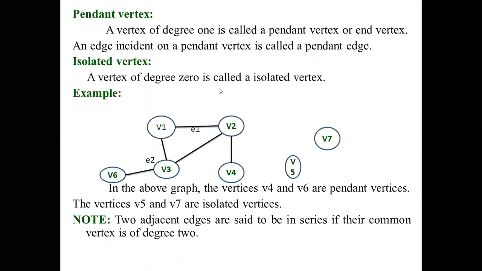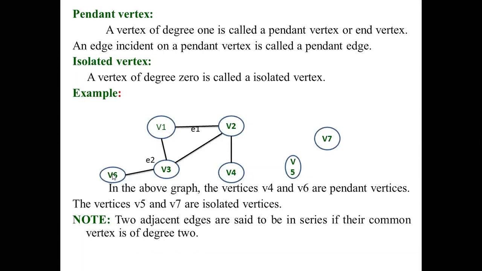So an isolated vertex has degree 0. Okay. So consider an example. In this graph, the vertices V4 and V6 are pendant vertices because only one edge is incident at V4, so the degree of V4 is 1, and the degree of V6 is also 1, only E2 is incident with V6.